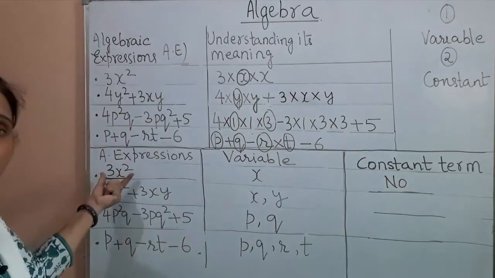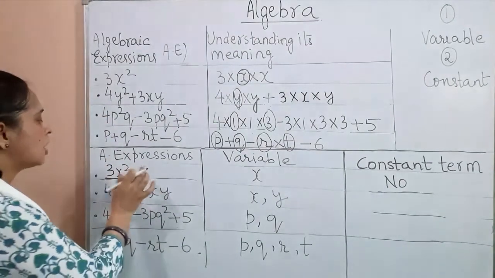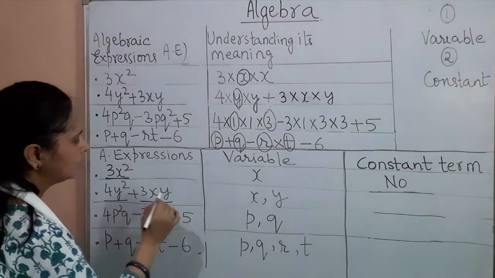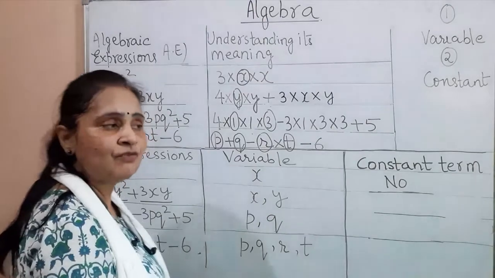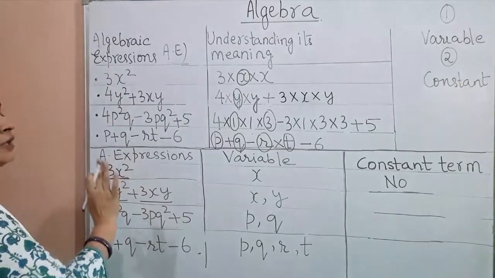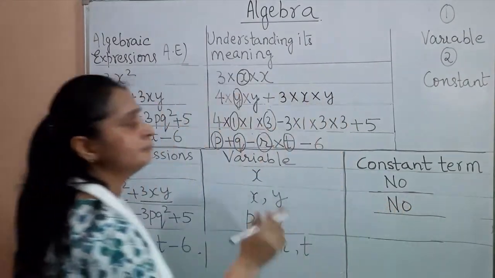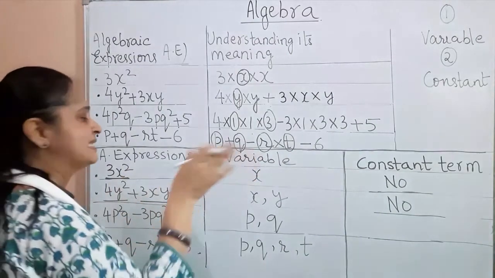We have just one term and it is changing its value. It is not fixed. Now again, we can see here there are two terms, and both terms depend on the variables x and y. That means again the values of both the terms are not going to be fixed. So we don't have any term which is a constant, which is going to remain the same.